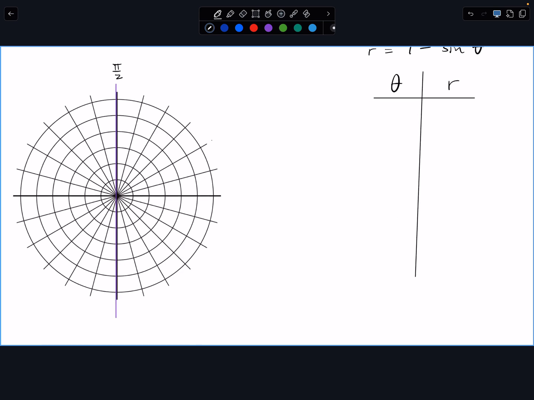So I'm gonna do 30 degrees, 45 degrees, 60 degrees. And then I'm also gonna pick 330 degrees, 315 degrees, 300 degrees, and then down here would be 270 degrees. And then you guys agree this would be 90 at the top, right?